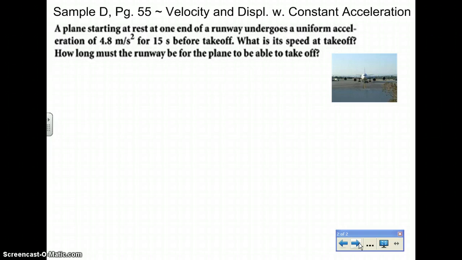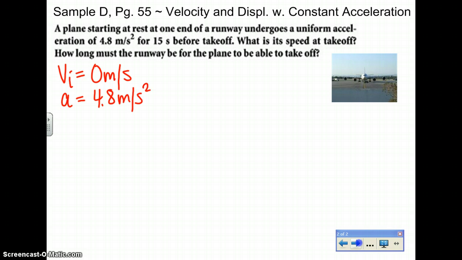So this problem says a plane starting at rest, let's just stop right there, one end of a runway undergoes a uniform acceleration, A, 4.8 meters per second squared, don't forget that squared, for 15 seconds before takeoff.